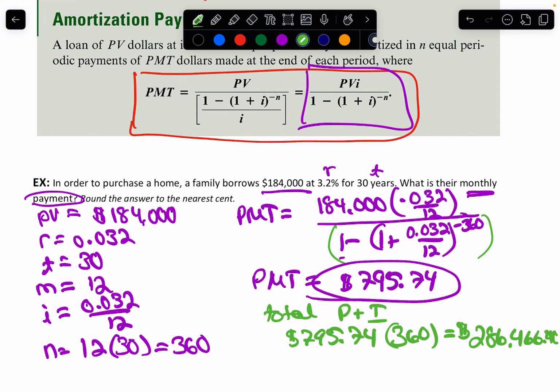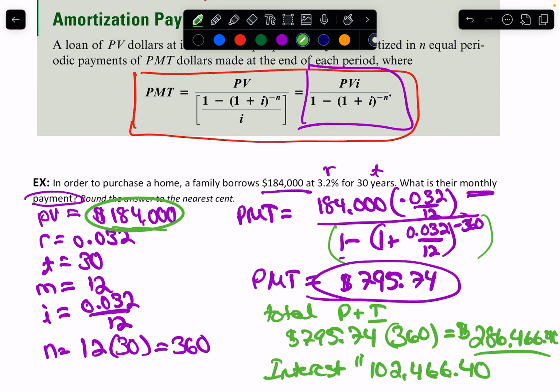And the amount that was loaned was 184,000. So the interest paid here would be, again, we take this number and subtract from it how much they borrowed, and we get $102,466.40. That's a lot of money spent on interest, if you think about it.